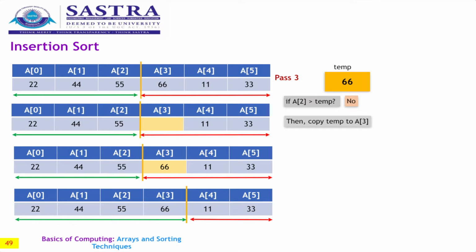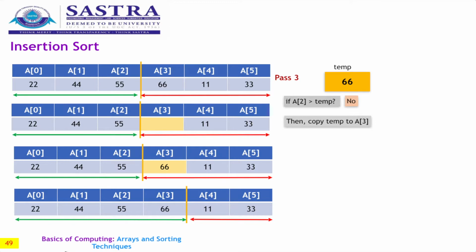Yes, we have one element, which is a of 0, which is to be compared with your temp variable. If a of 0 is greater than temp, again it is not. So what do we have to do? Is there any more element beyond that a of 0? Definitely not. So we are copying the temp to a of 3.